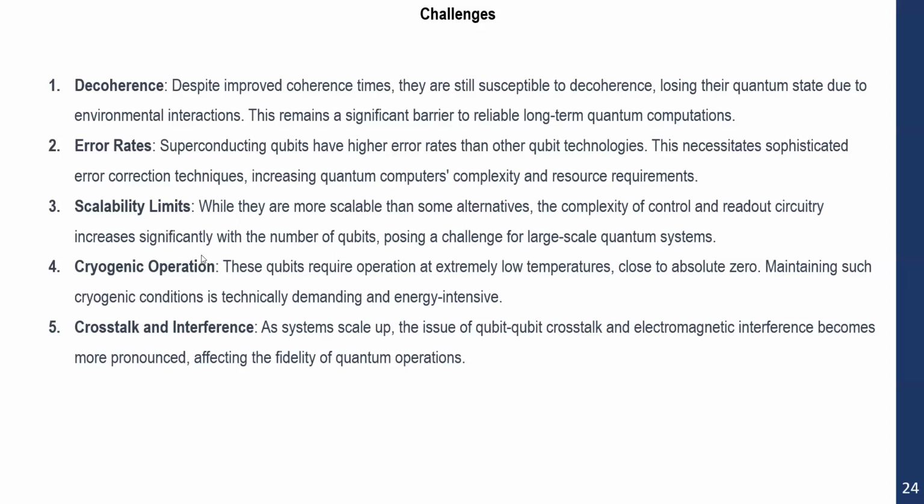Cryogenic operation is a huge problem here, because it's not only the problem of getting such a low temperature, it's also the problem of the available space in the dilution refrigerator. So 1,000 qubits, it's already very tough to put them there, and if you need a few thousand, 10,000, there is no space.